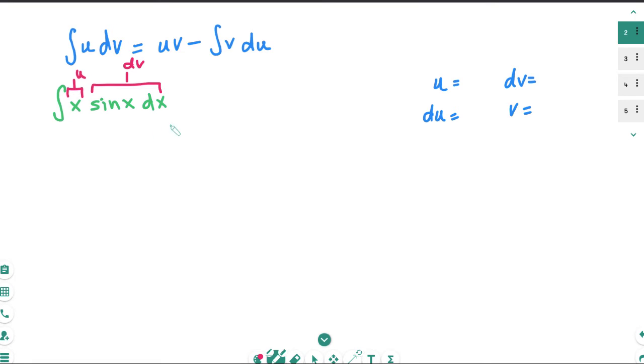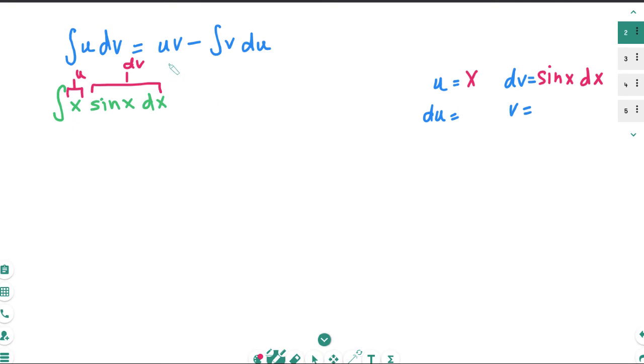You will learn it by practice and experience, and I will provide you a general strategy of looking at the integral and choosing u and dv. On the side here, I will keep track of what I have chosen as u and what I have chosen as dv. So u is x and dv is sine x dx.